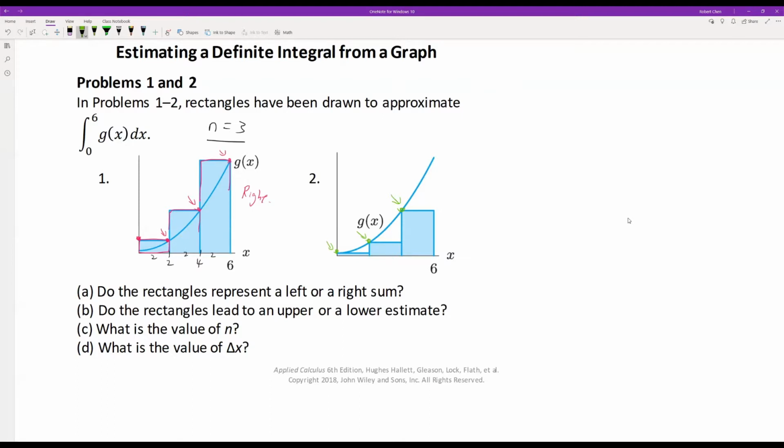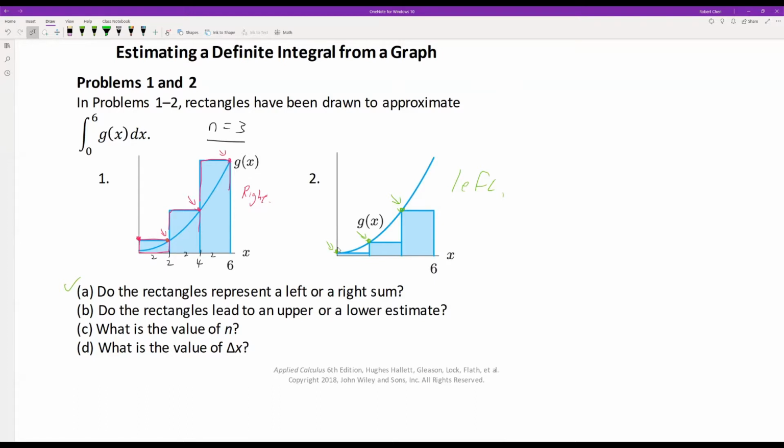If you pick the right point as your reference point to make the rectangle, like in part 1 here, then this will be a right-hand sum. If you pick the left point in the interval to make the rectangle, then that makes it the left-hand sum. All right, so we answered part A. Do the rectangles represent left or right? The first one is right, second one is left.